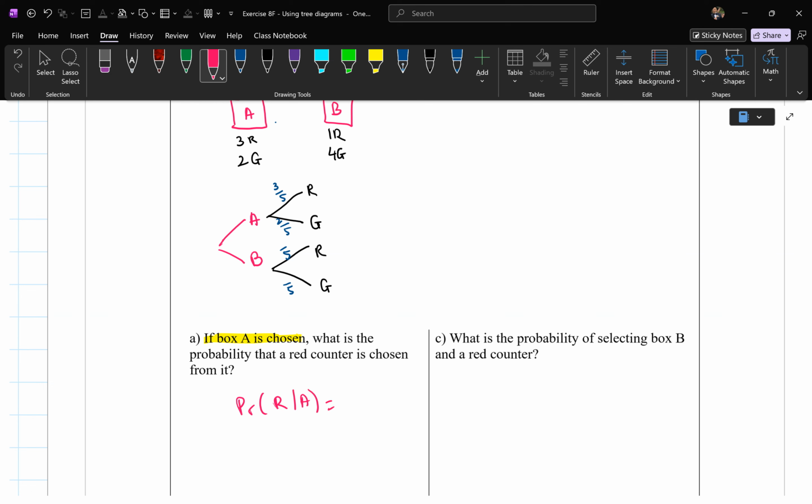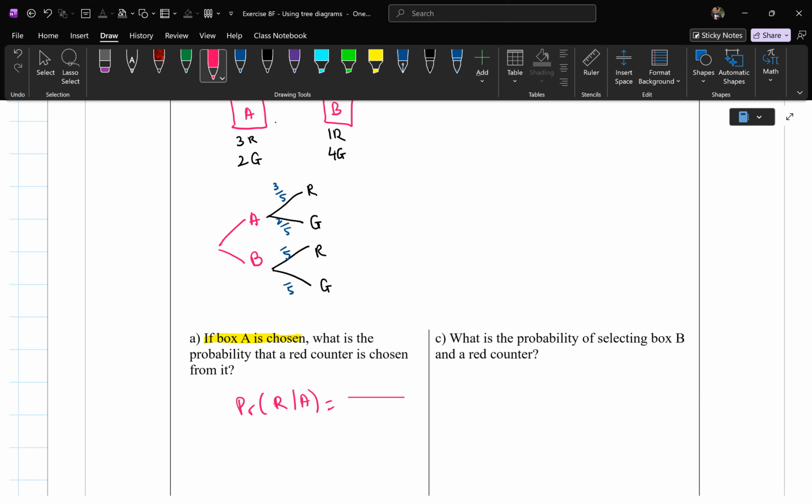In this case, conditional probability, what was the rule again? What was the rule for this conditional probability? Let's go with Olivia. Do you remember the rule for what's the chance of getting red given that A had already occurred?